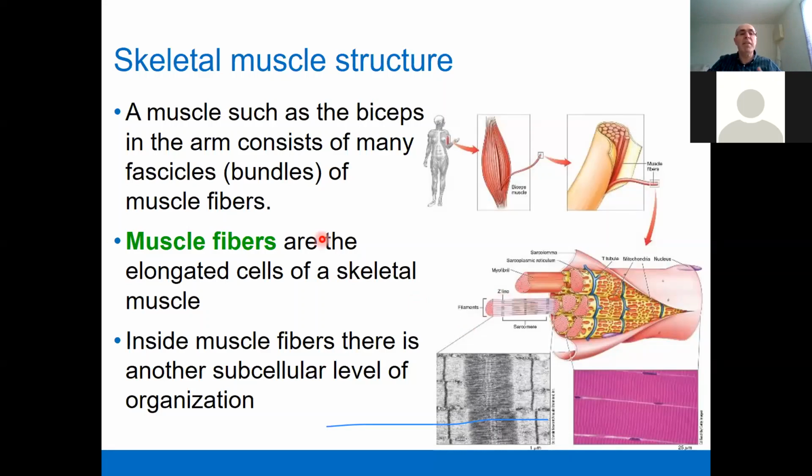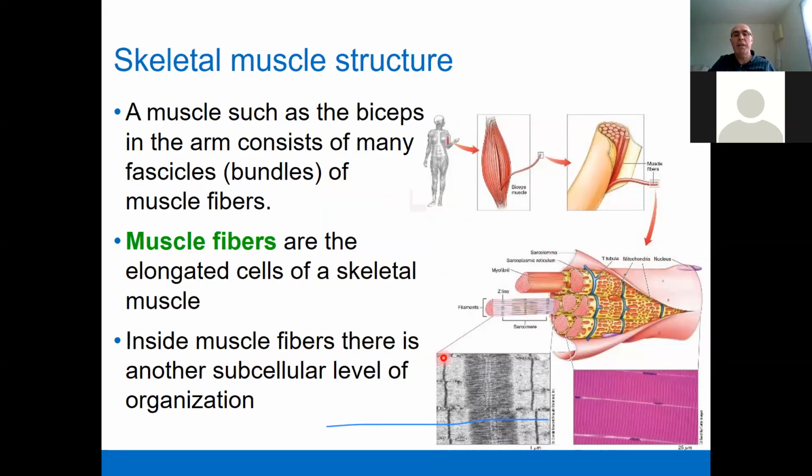Okay, muscles such as the biceps, as you see here in the arm, consist of many fascicles, or bundles of muscle fibers. Muscles consist of muscle fibers, and muscle fibers, as you see here, are the elongated cells of the skeletal muscles.